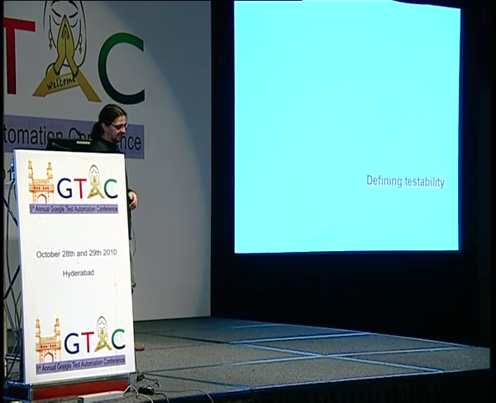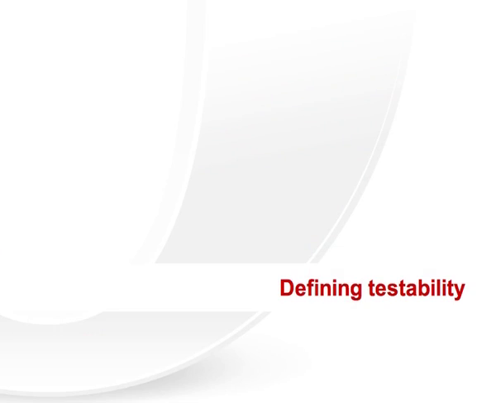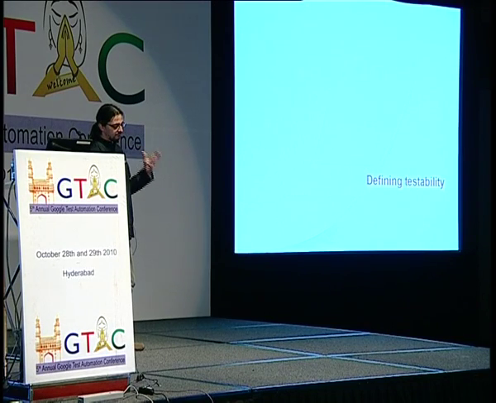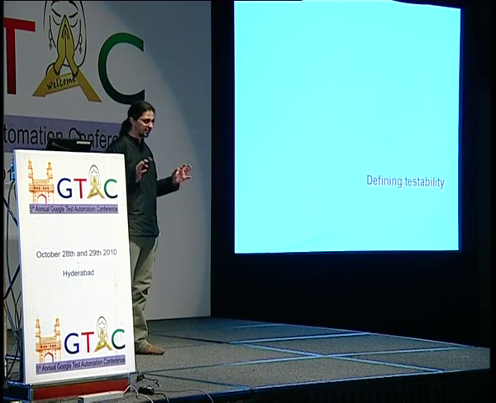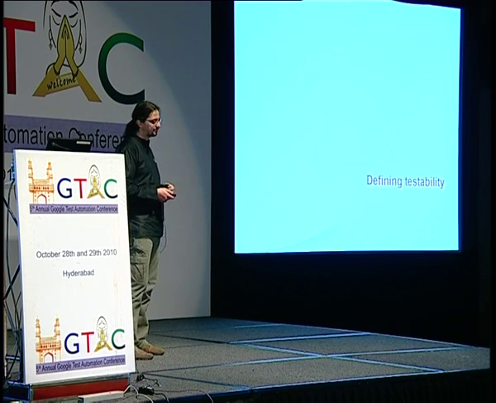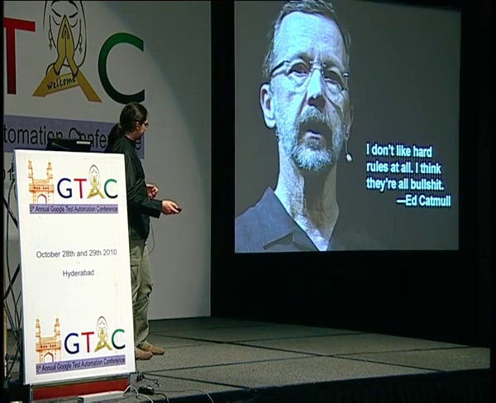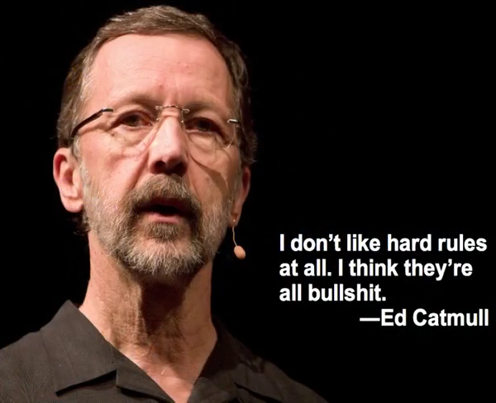So, defining testability. More than really defining it, I'm going to give you a couple of characteristics that I think are important for testability and that I use to get a feeling of how good the testability is in a given project. The reason I'm going to do that is because probably my favorite quote ever, especially when talking about technical things, is this one from Ed Catmull: "I don't like hard rules at all, I think they're all bullshit."